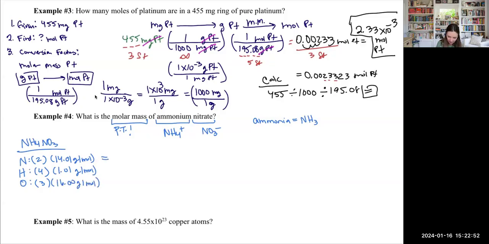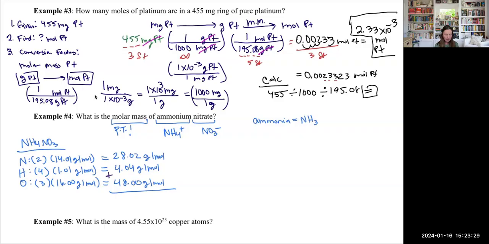We're going to multiply through and then add. So that would be 28.02 grams per mole for the two nitrogens in ammonium nitrate, and then 4.04 grams per mole for the four hydrogens, and 48.00 grams per mole for the oxygens. And we're going to now add these together.